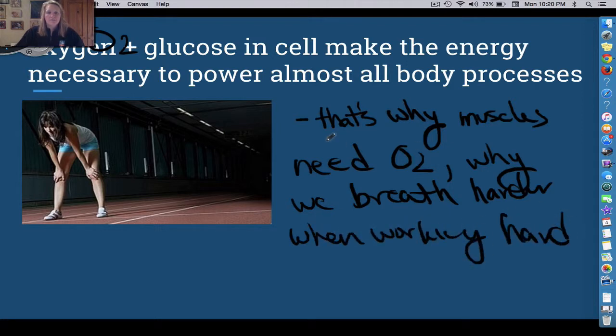Okay, and that's why we need food as well. So if you're working hard, you usually get more hungry. So these are the two nutrients that your body really needs. There's lots of other vitamins and minerals that you also need, but in general, those are the ones.